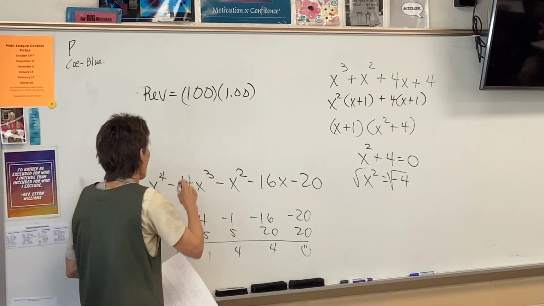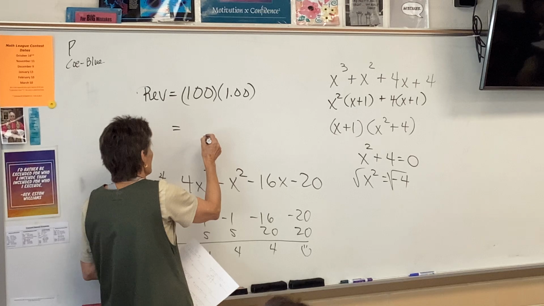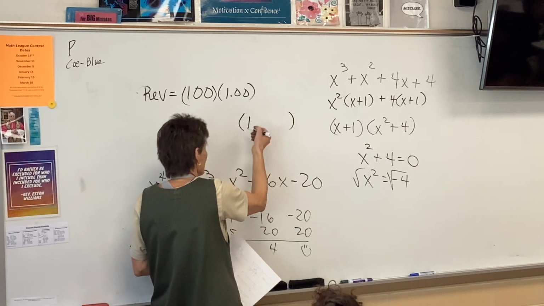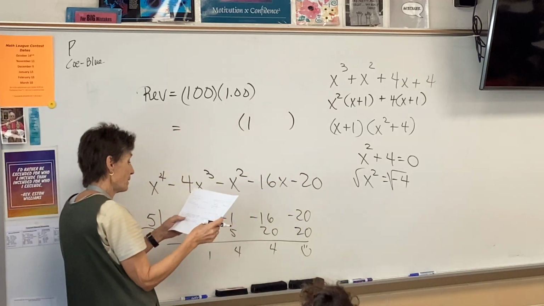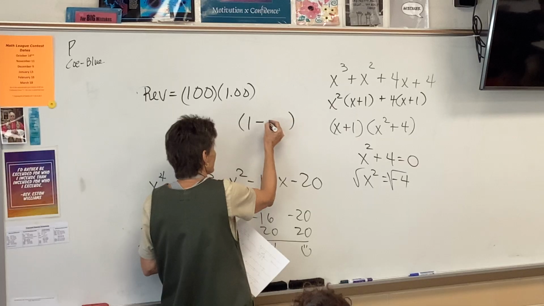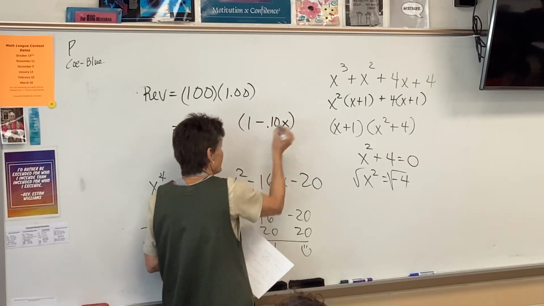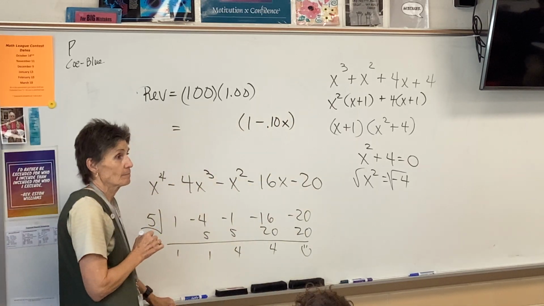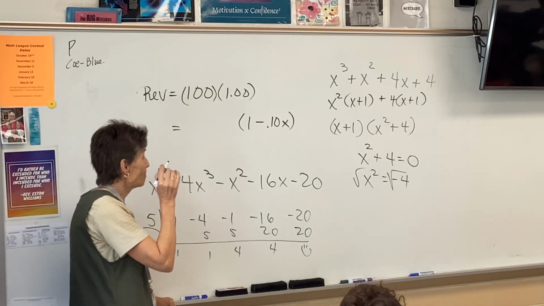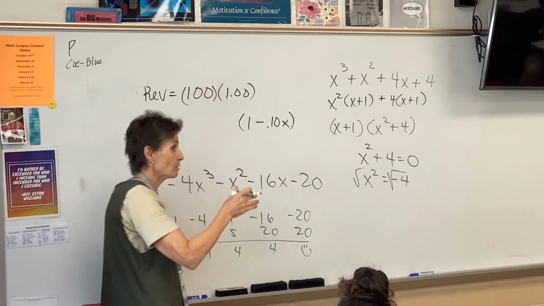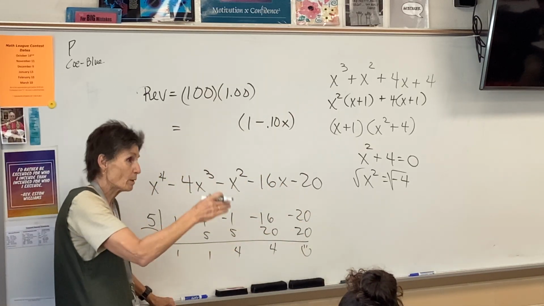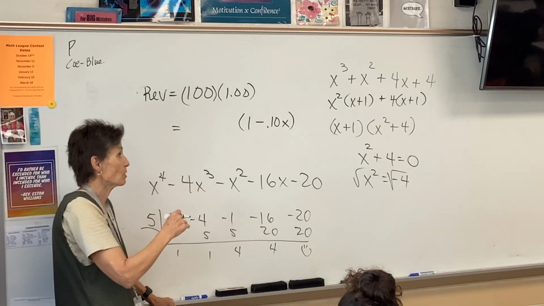But what is gonna happen to my price? What am I doing to my price? Right now it's 1, but what am I doing to it? Decreasing it in increments of 10 cents. So don't say just minus 0.1, it's increments of 0.1. So 0.1 times 1, 0.1 times 2, 0.1 times 3, and so on.